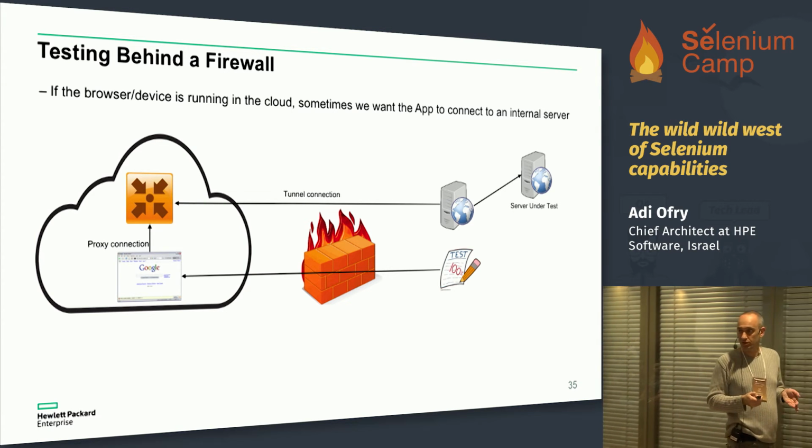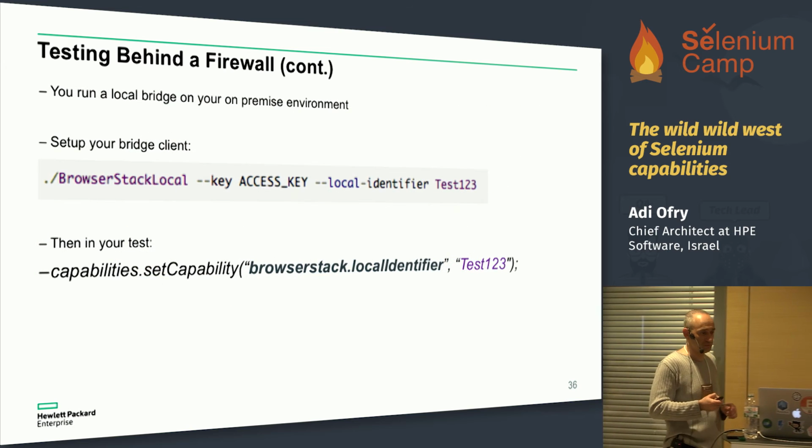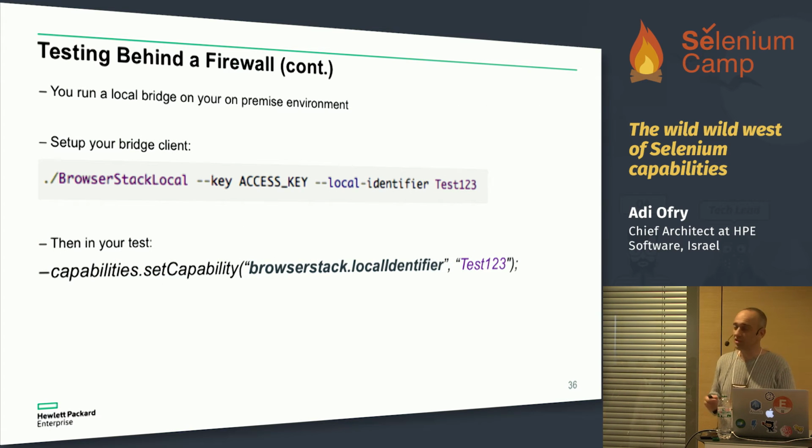That's something that vendors give you. For example, you can see a utility that you run. That's the client bridge. You run it from the command line, you give it an access key, and you tell it that it's a tunnel called test123. When you want to run the test through this tunnel and through this bridge, you say as a capability a specific name of the vendor.